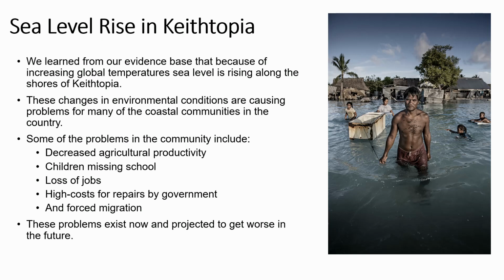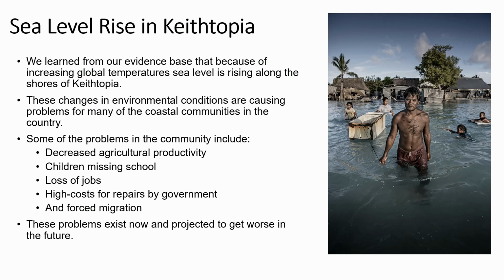So these changes in environmental conditions are causing problems for many of the coastal communities in the country, as you might imagine. Some of the problems that we're starting to see is decreased agricultural productivity, and this comes because of salinization of the soil. So the salt water from the sea gets into the soil, and it makes it much harder for the people of Keithtopia to grow things.